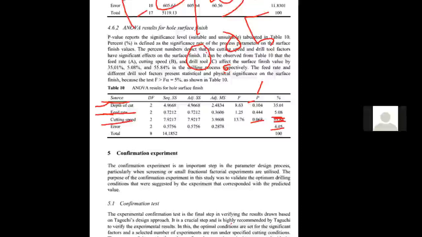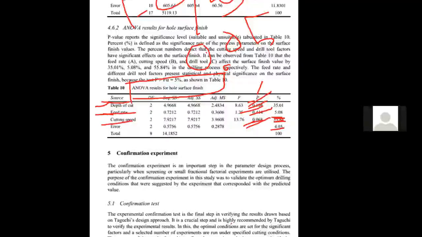But from this table, what we should know is the p value of each particular parameter. For example, suppose the p value of this one is 0.001, of this is 0.003, of this is 0.00005, means all the factors are significant. In another case, if the p values are 0.6, 0.3, means no factor is significant.